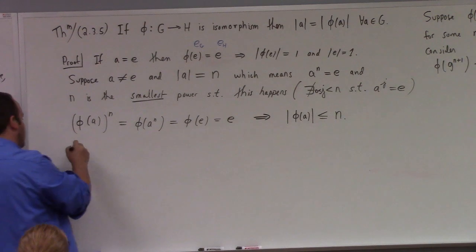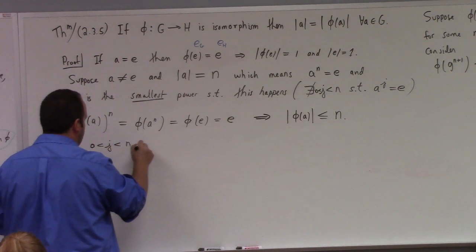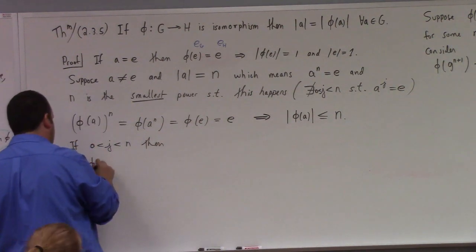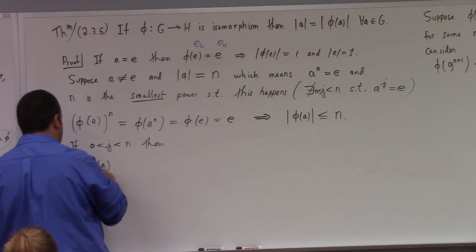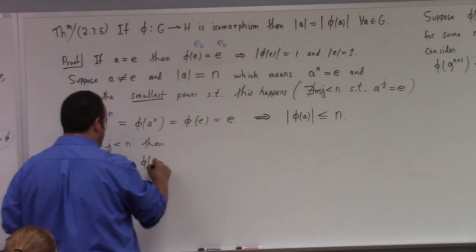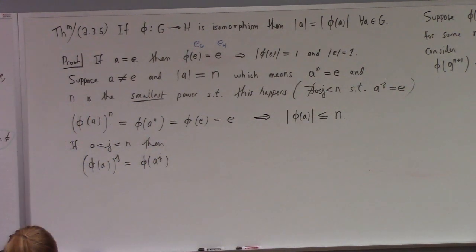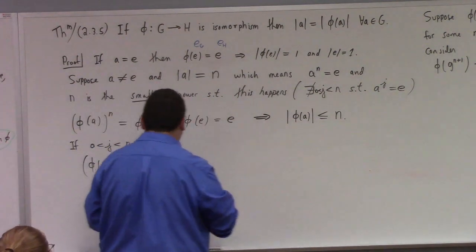How about this? If 0 less than j less than n, then phi of A, so the same calculation pretty much, right? Phi of A to the j is equal to phi of A to the j, right? Now, towards a contradiction, suppose that was E. Towards a contradiction, suppose it was E. I'll put that in red.